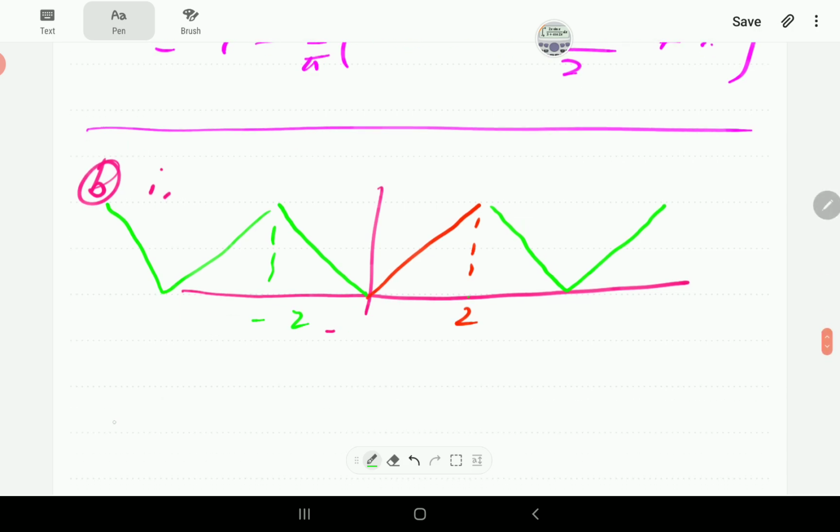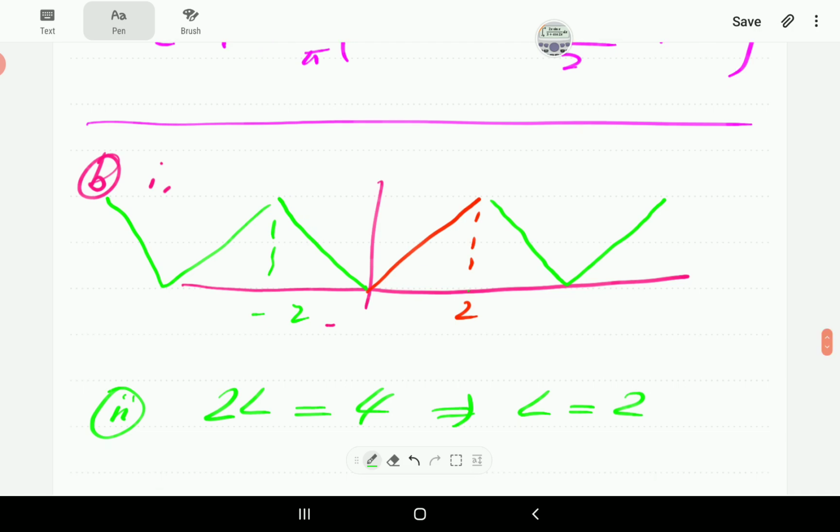Now when it comes to the computation for the half range cosine expansion, 2L is equal to 4, so L is equal to 2.